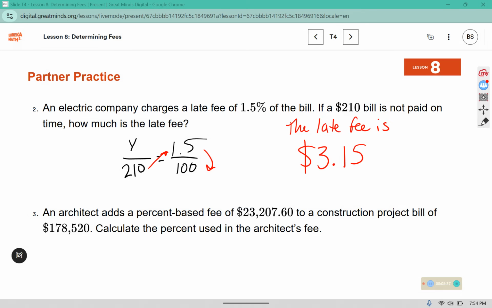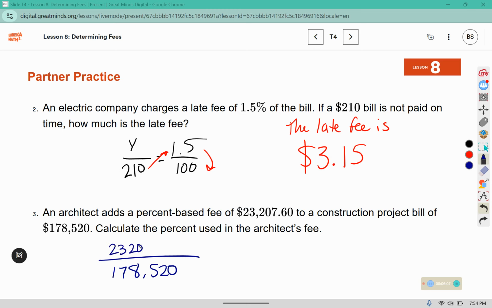An architect adds a percent-based fee of $23,207.60 to a construction project bill of $178,520. Calculate the percent used in the architect's fee. So the whole is this $178,520, and the part that is the fee is $23,207.60.